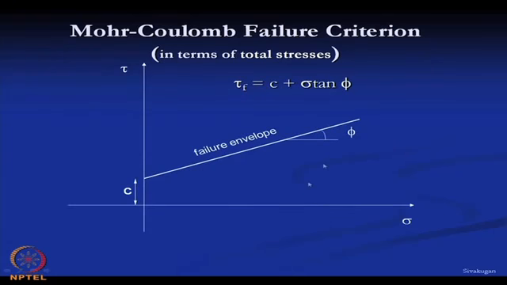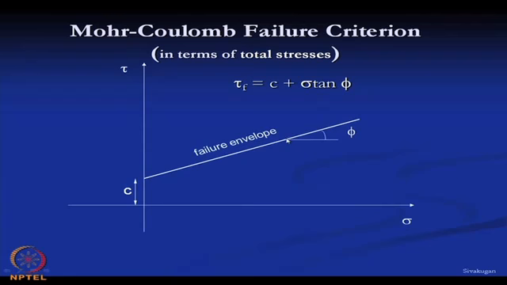Now, we can draw this as the Mohr Coulomb failure envelope. This is the sigma axis, the normal stress axis, and this is the shear stress axis. If any Mohr circle touches this envelope, that means failure will occur. So, the shear strength expression is C plus sigma into tan phi.